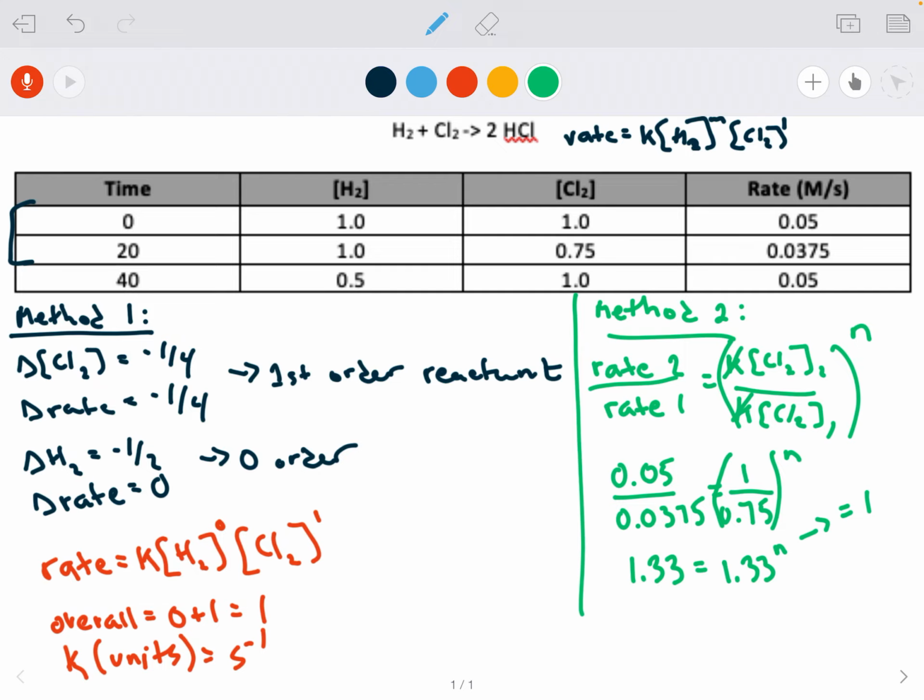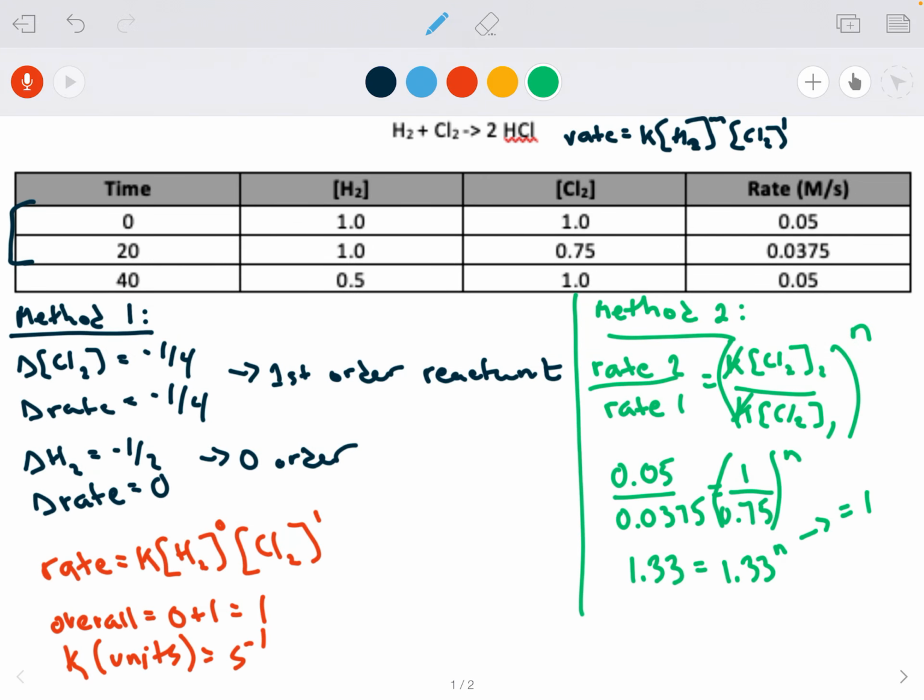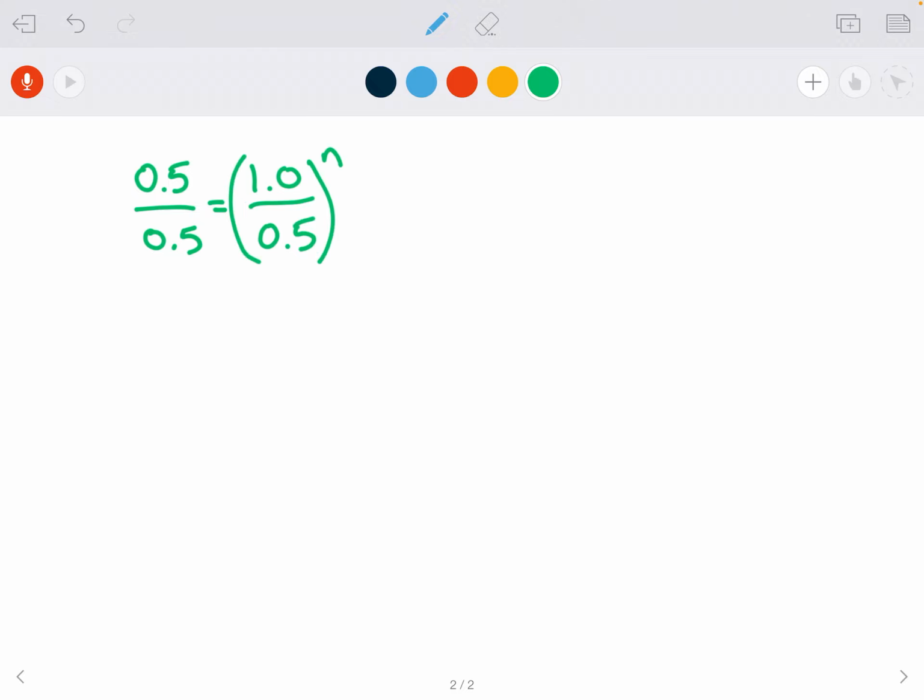If I were to do this for H2, let me move to a new page so we have room. So rate 2 over rate 1, right? The rates are constant. So it's 0.5 over 0.5 is equal to 1.0 over 0.5 to the N. So that means I have 1 is equal to 2 to the N. Right, I want to make sure I got the correct numbers there.